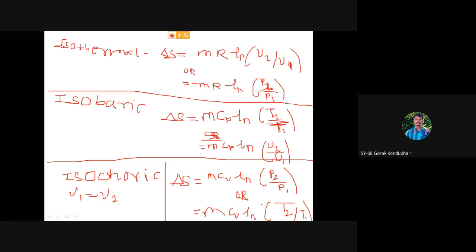Okay. Derive an expression for change of entropy during change of state of an ideal gas in terms of pressure and temperature.